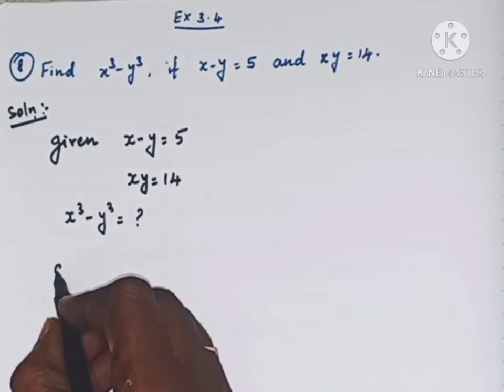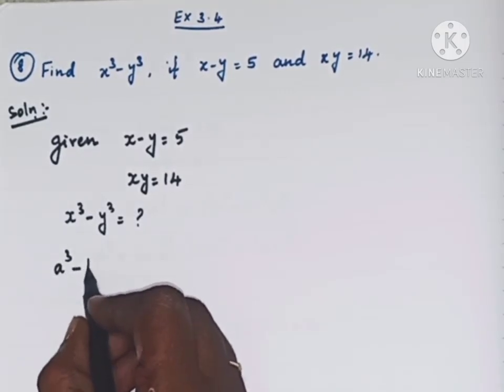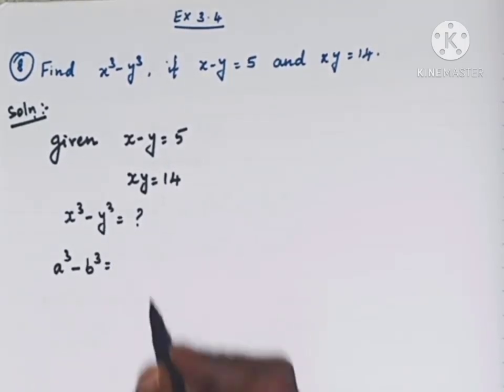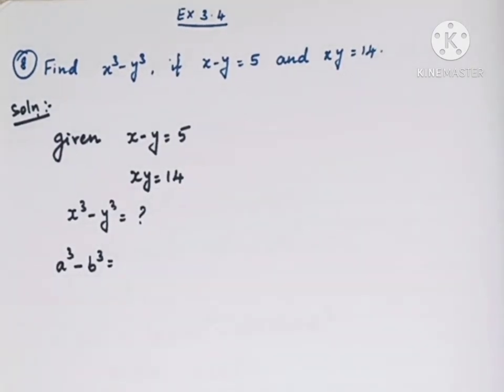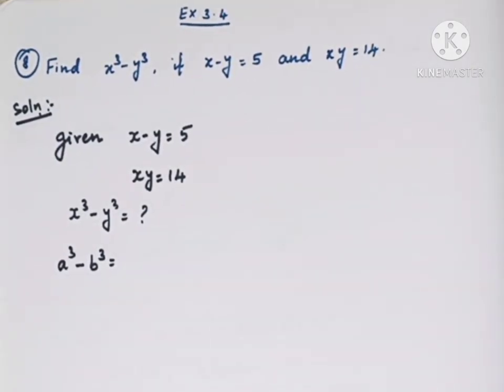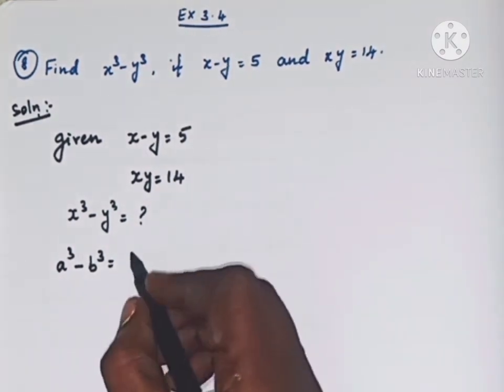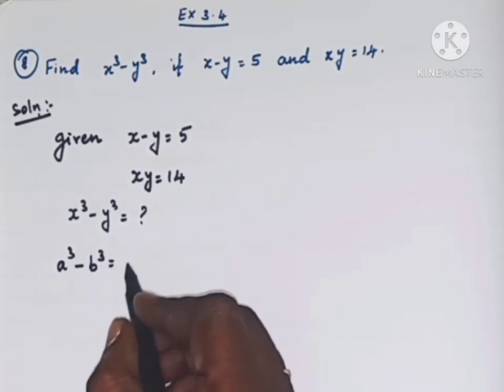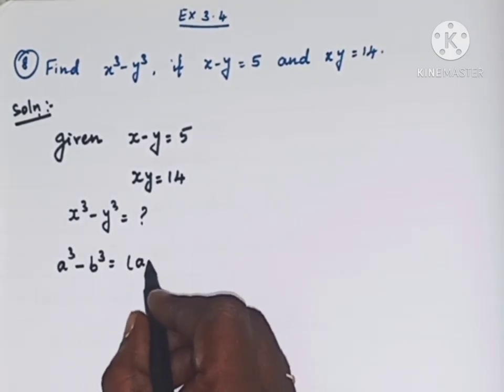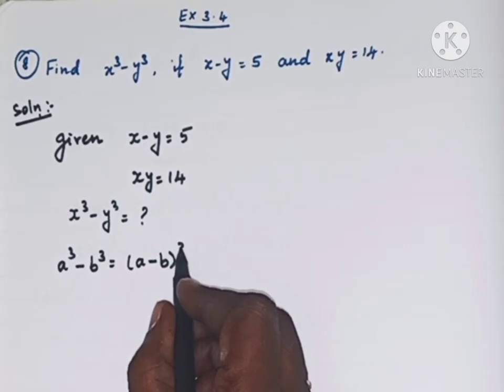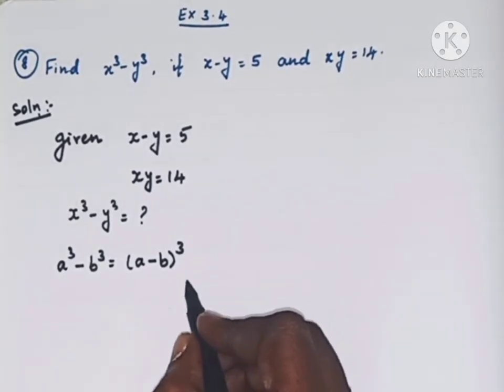So we know the identity a cube minus b cube. So a cube minus b cube is equal to what? A minus b the whole cube plus 3ab into a minus b.